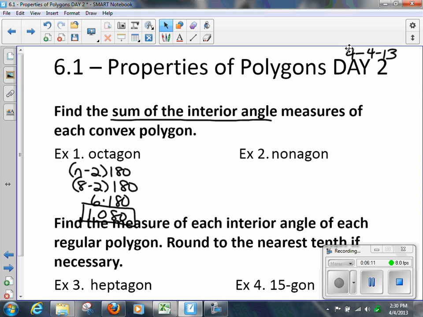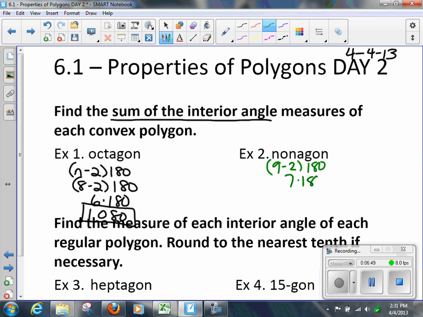Find the nonagon. You have to know how many sides a nonagon has. Nine minus 2 times 180.